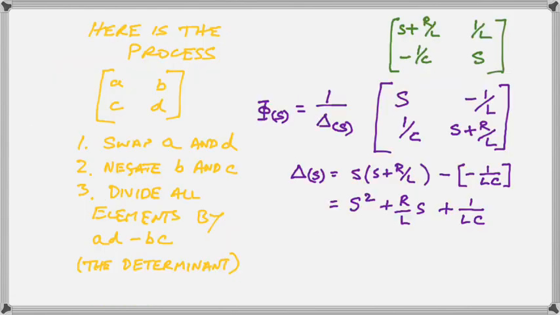Now the process of finding an inverse matrix is shown there for a square 2 by 2 matrix in yellow on the left hand side. And we proceed to apply that to the one that we have there in green at the top. We swap the A and D elements, we negate the B and C elements, and we find the determinant, which is shown as a quadratic equation in S on the right hand side.